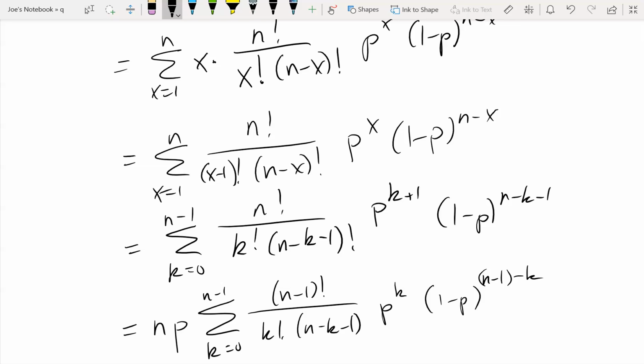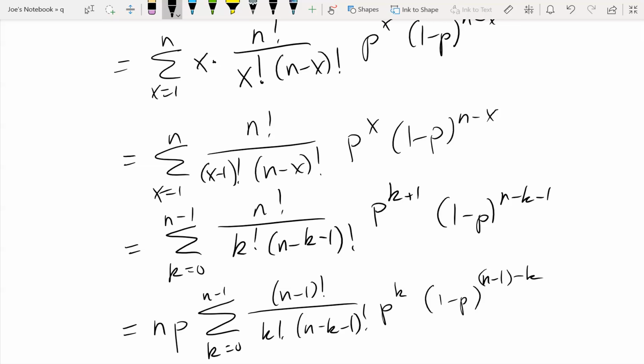Oops, and I forgot my factorial. All right, so ignore the np out in front. My sum goes from 0 to n minus 1, so that fits a binomial distribution pattern, right?